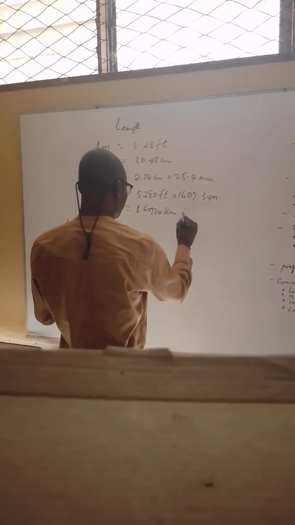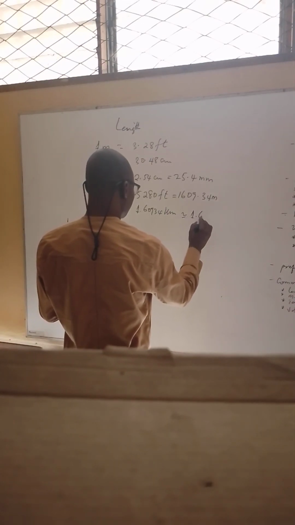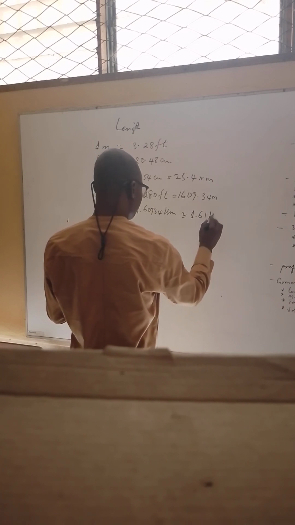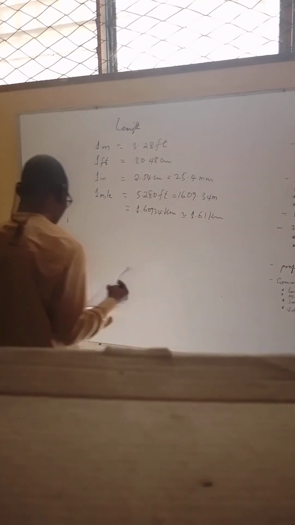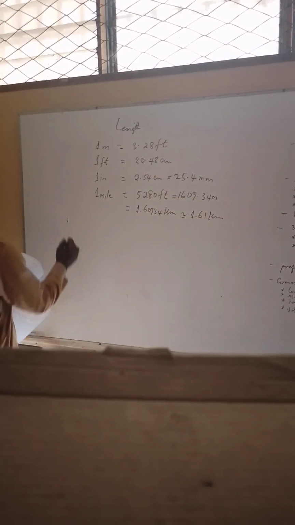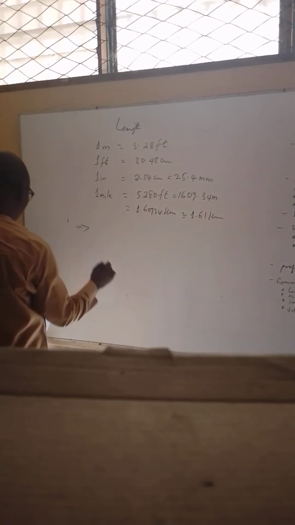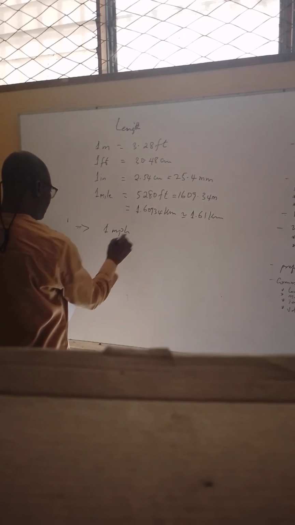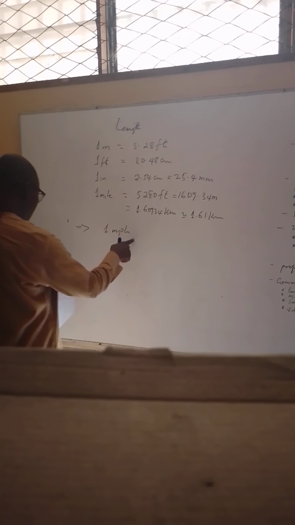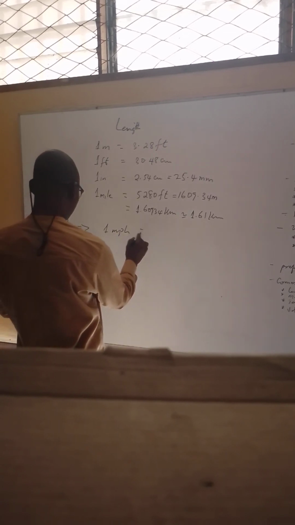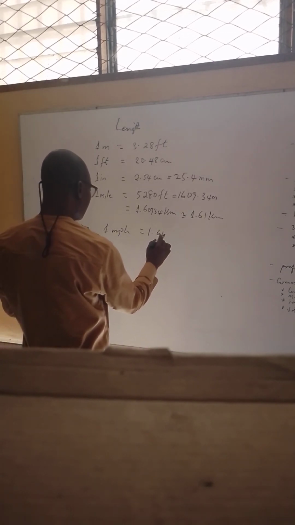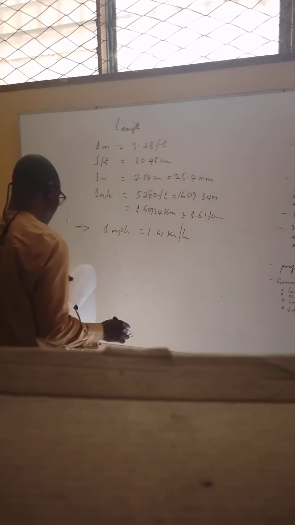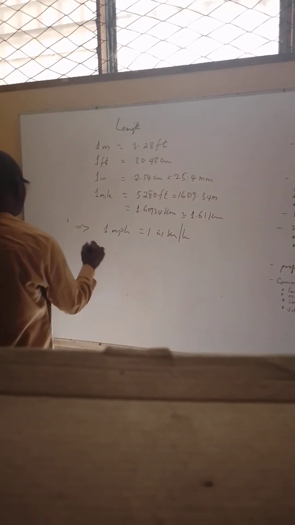or approximately 1.61 kilometer. And then, therefore, if we have something like 1 mph, 1 mile per hour, this is equal to 1.61 kilometers an hour. So we have 1 yard.